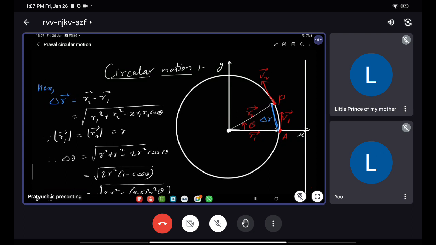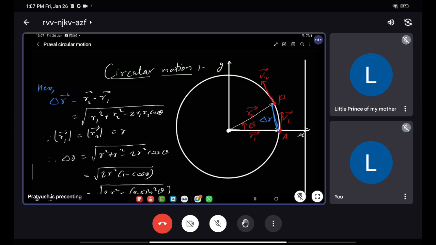Okay. Now in circular motion, if a particle is covering some distance, let us say from A to point P. The particle started from A and reached point P. Then what will be the displacement if it covered angle theta?